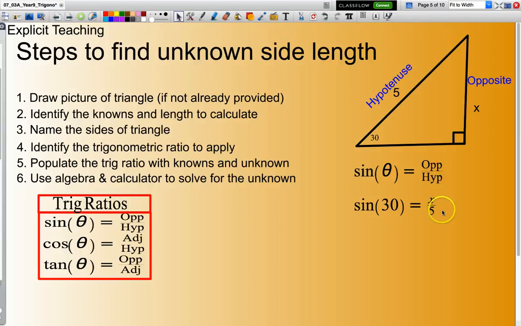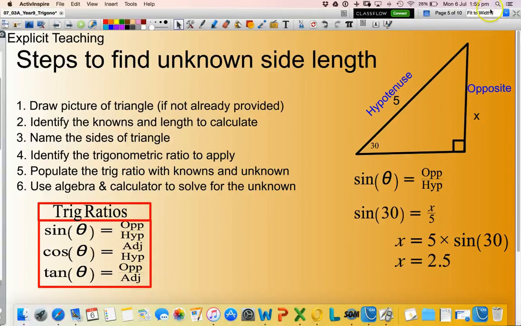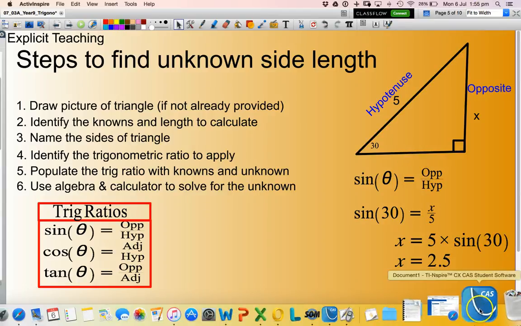Then I just need to rearrange this equation using my algebra and use my calculator to solve for the unknown. So you'll see here, x equals 5 multiplied by the sine of 30. It equals 2.5.